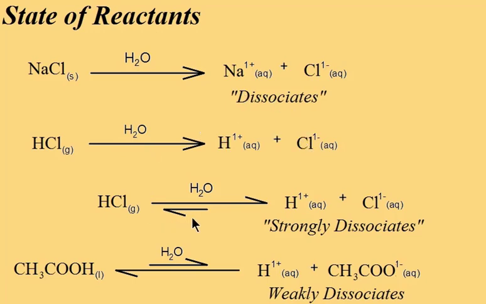We now know from chapter 6 in equilibrium chemistry that often these reactions are reversible. The hydrogen ions and chloride ions can recombine back into the original hydrochloric acid molecule. So when the position of equilibrium is firmly on the right, meaning that we have mostly these hydrogen ions and chloride ions, we say that hydrochloric acid strongly dissociates because it's the dissociated form that predominates.